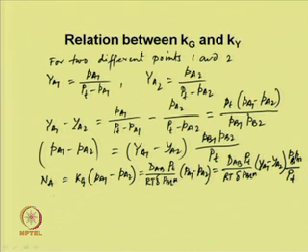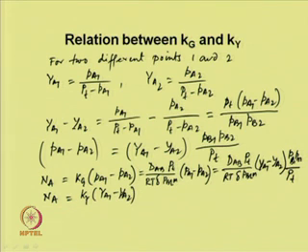So, we know that Na is equal to Ky into Ya1 minus Ya2.